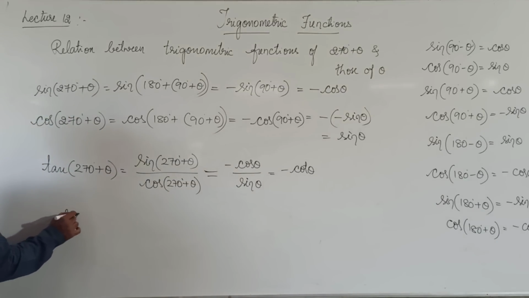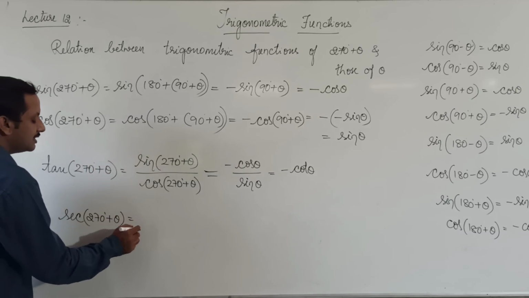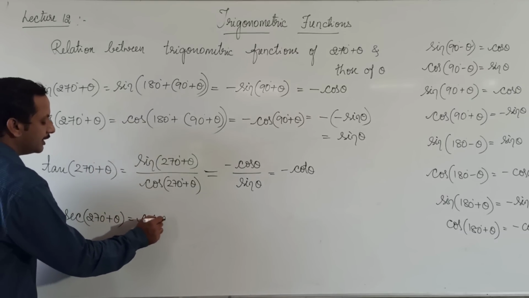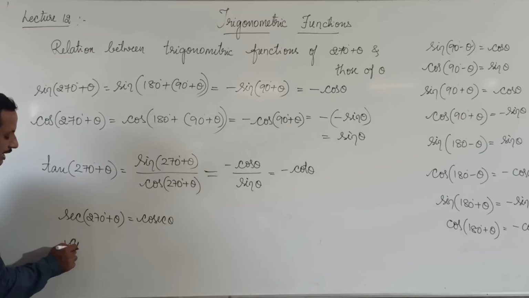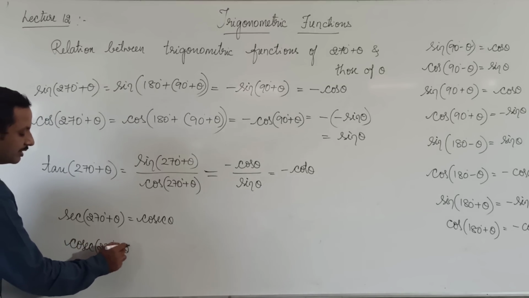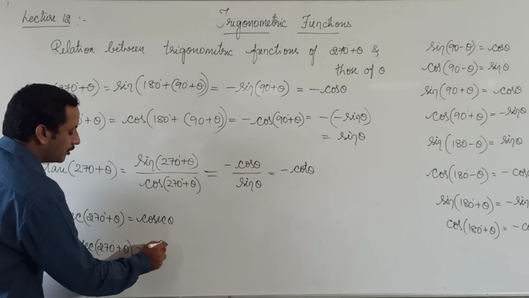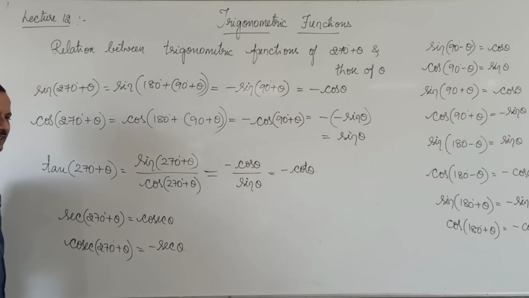Okay. After this we can write secant 270 degree plus theta is equal to cosecant theta, and cosecant 270 degree plus theta is equal to minus secant theta.